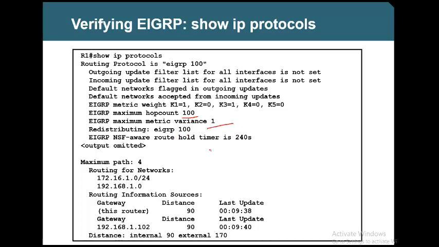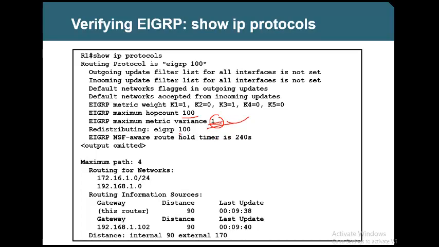Variance of 1 means only the best route, which means equal cost load balancing. We'll talk about that in the next chapter. But if you change this, you can also have unequal cost load balancing. The default is only equal cost load balancing.